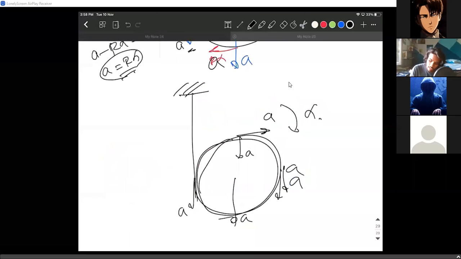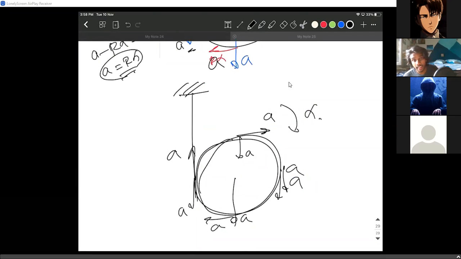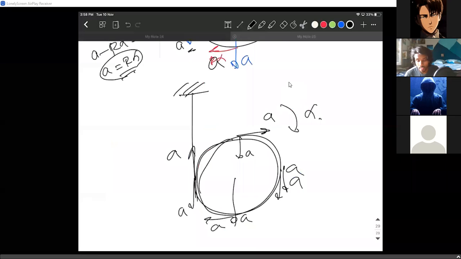Why did I add A again? You just substitute the value. This is because of R alpha, which equals A. This also is R alpha, which equals A. This is also R alpha, which equals A.